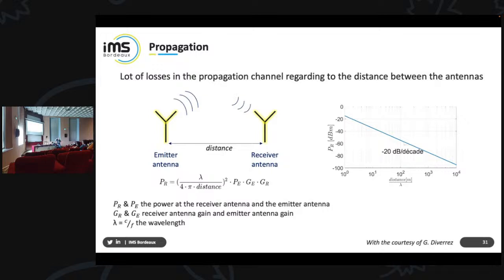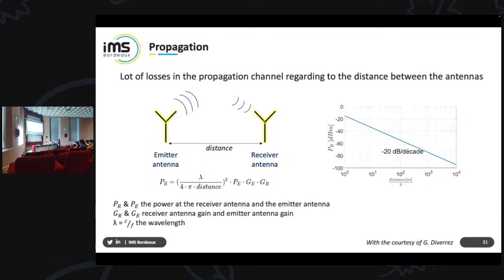So you can imagine that the power will be attenuated through the propagation of the waves because of the molecules in the atmosphere. And it's going to change with the frequency. It's not linear. It's not flat. Some frequencies will attenuate the electromagnetic wave a lot. For instance, 60 gigahertz: this is the rate of absorption of oxygen.